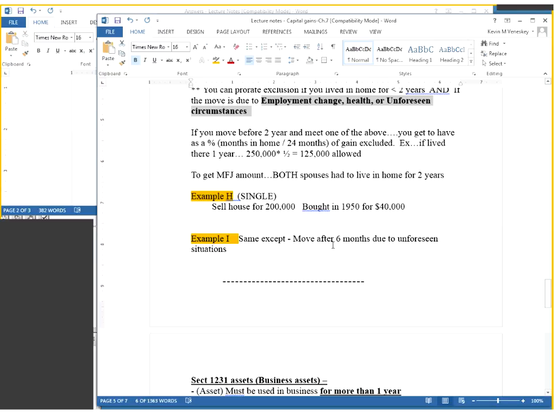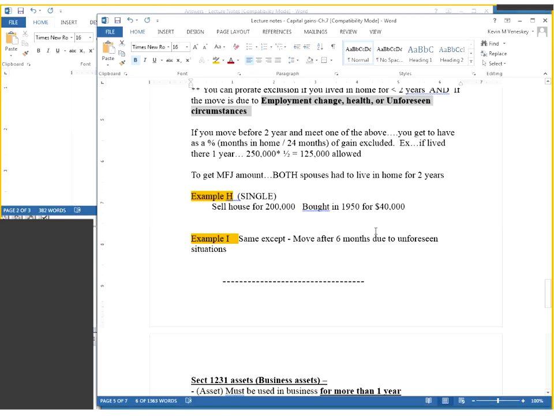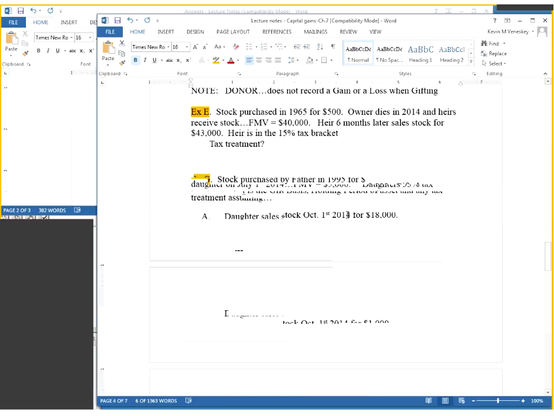Same example, except you moved after 6 months, so it's kind of unrealistic. You wouldn't really buy a house for $40,000 and then 6 months later sell it for $200,000, most likely. But we'll just go with it. If we were single, 6 months is only 6 out of 24.